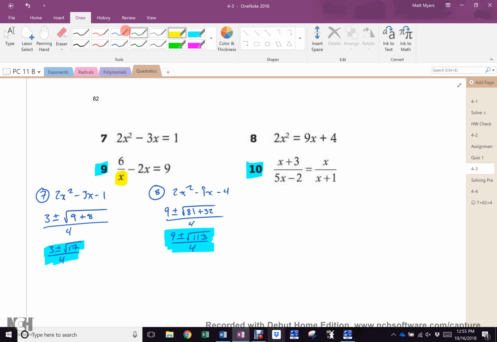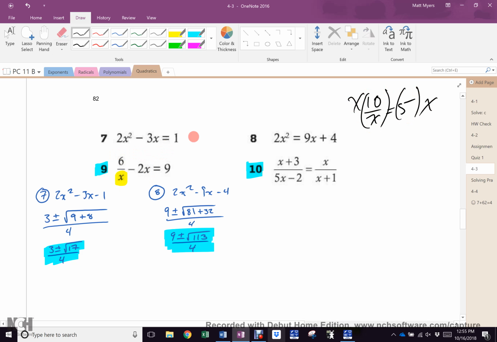How would I solve this? How do I get rid of that x? Right. You multiply both sides by x. Almost. You got to multiply this whole side by x.